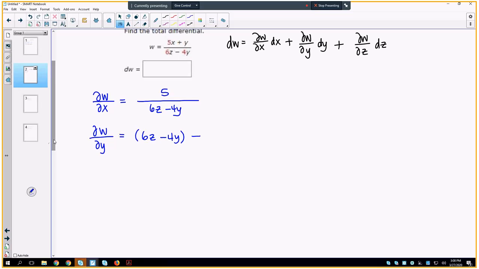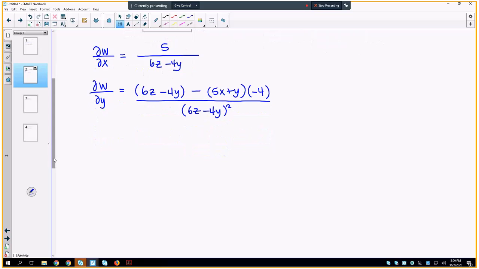Then we subtract the top, 5x plus y, times the derivative of the bottom. The derivative of the bottom is negative 4. And all of that will be over the square of the bottom. So 6z minus 4y whole squared.